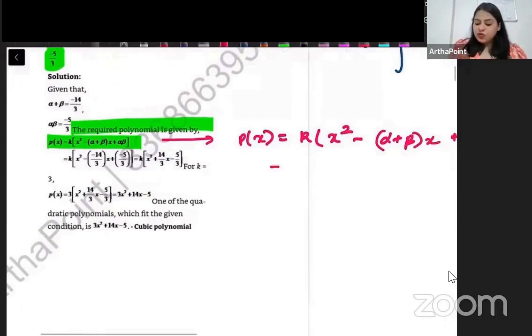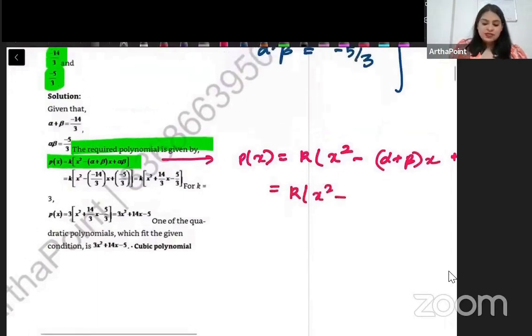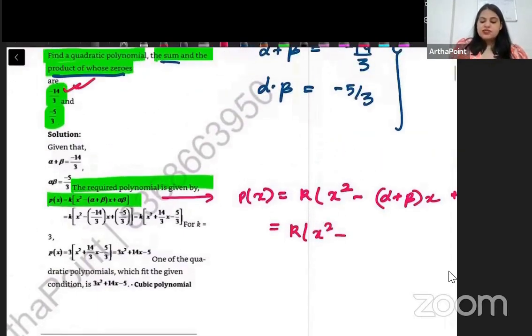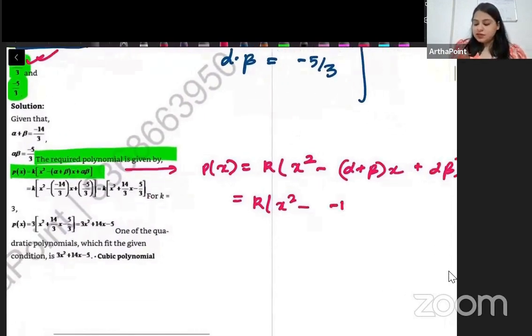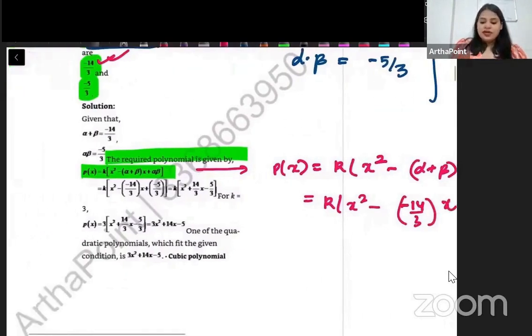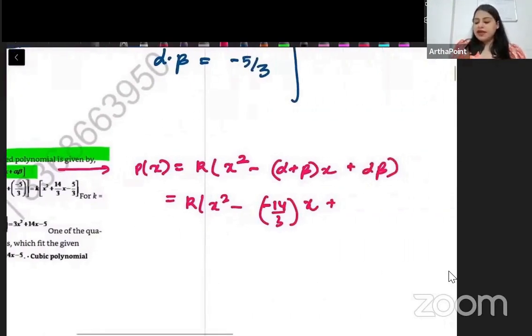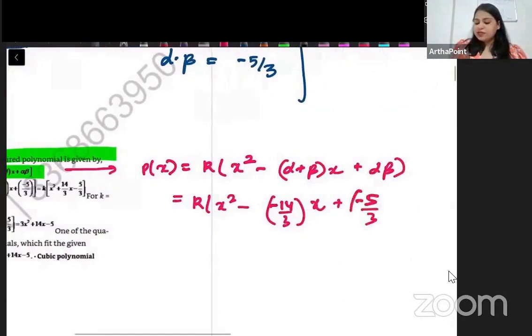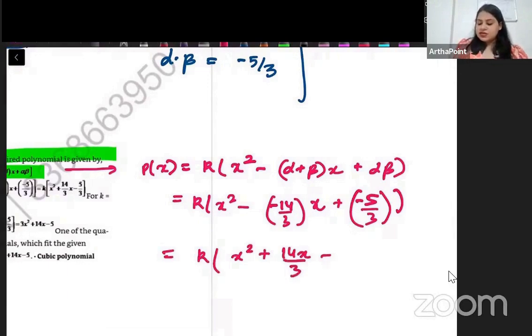So now beta, we know that this is k x square minus alpha plus beta, which is given to me as minus 14 by 3, and alpha beta is given to me as minus 5 by 3. Right? So this becomes k x square plus 14x by 3 minus 5 by 3.